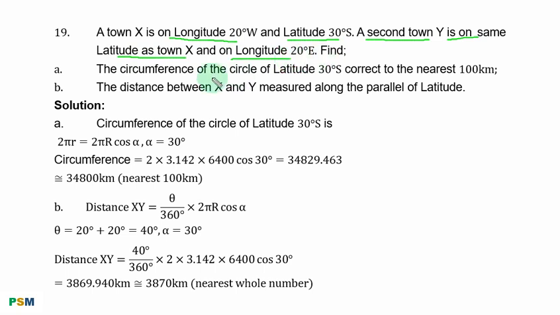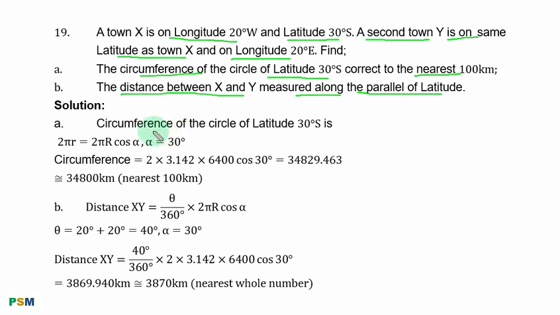Find (a) the circumference of the circle of latitude 30 degrees south, correct to the nearest 100 kilometers. (b) The distance between S and Y measured along the parallel of latitude.